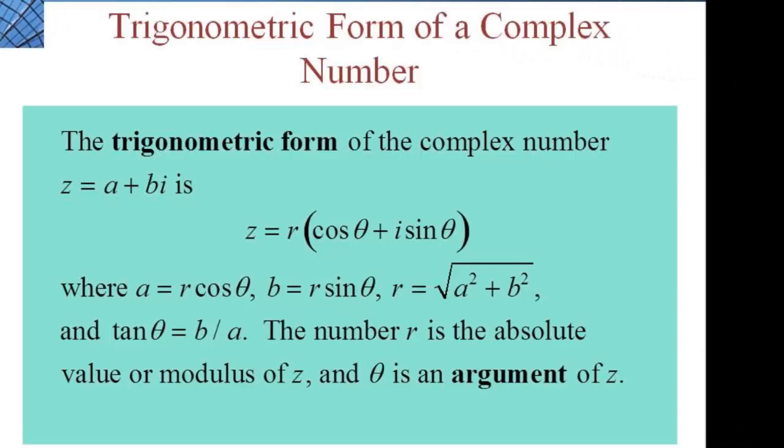We're going to take our complex number a plus bi and put it into trigonometric form, which will be r times cosine theta plus i sine theta. r is our absolute value or modulus of z, which was the square root of a squared plus b squared.